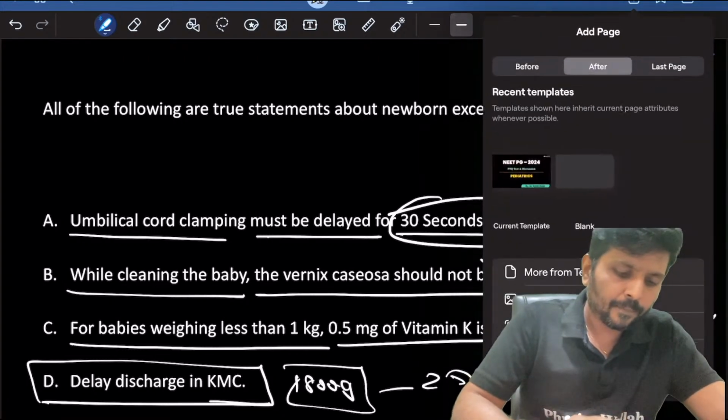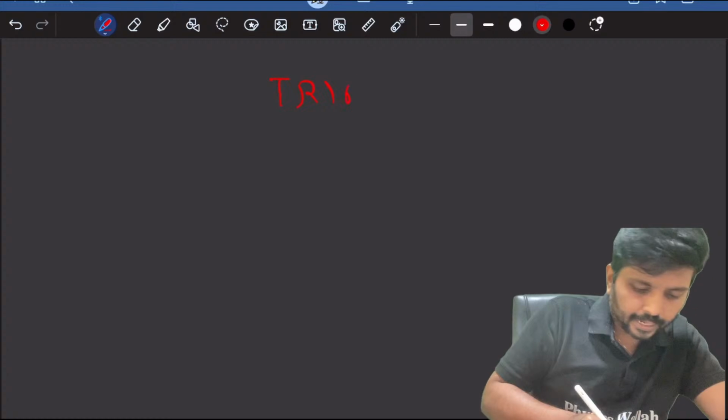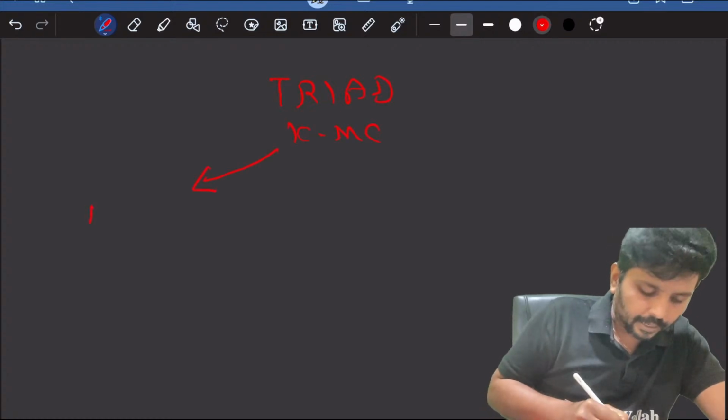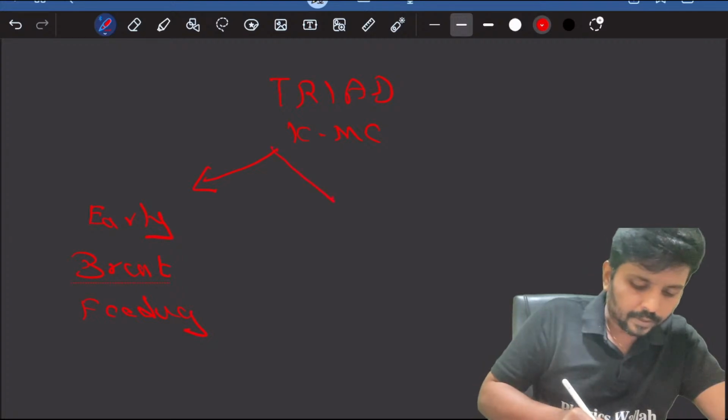So, the triad of kangaroo mother care. What is the triad? Early breastfeeding and exclusive breastfeeding. Second point, skin to skin contact.